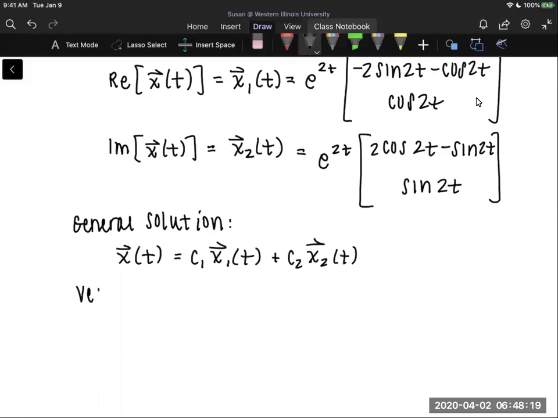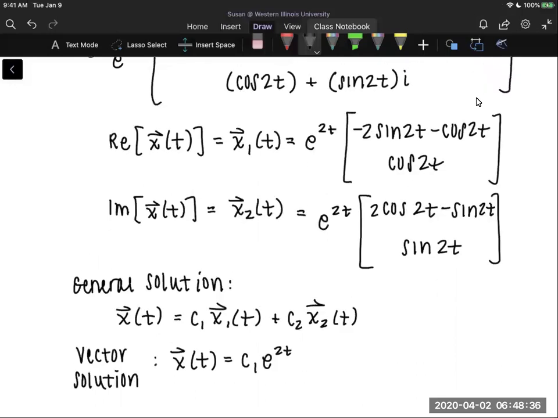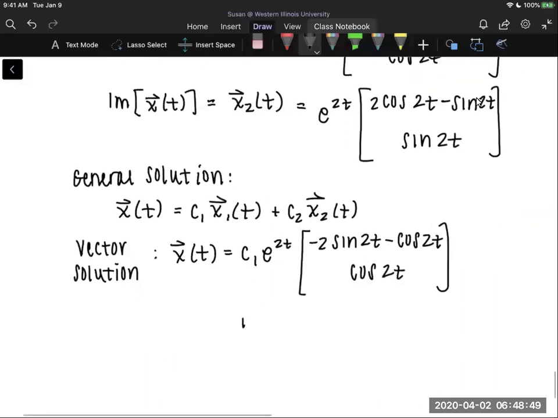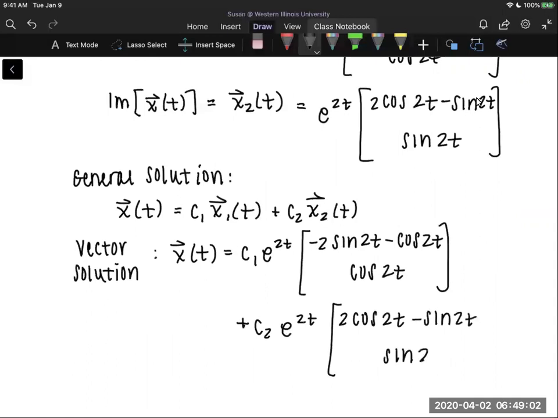And so the vector solution, which I think is actually easier to set up, just because everything is already written in vectors, is C1 e to the 2t times negative 2 sine 2t minus cosine 2t and cosine 2t, and then plus C2 e to the 2t times the imaginary portion, 2 cosine 2t minus sine 2t and sine 2t. So this entire equation would be the vector solution.